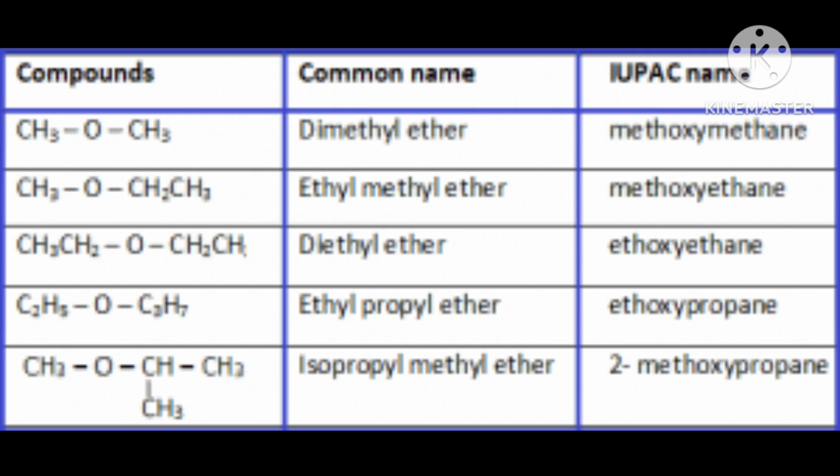Now I will discuss the nomenclature of ethers. For ethers also, there will be common names and IUPAC names. Common names of ethers are derived from the names of alkyl or aryl groups, written as separate words in alphabetical order, and adding the word ether at the end.